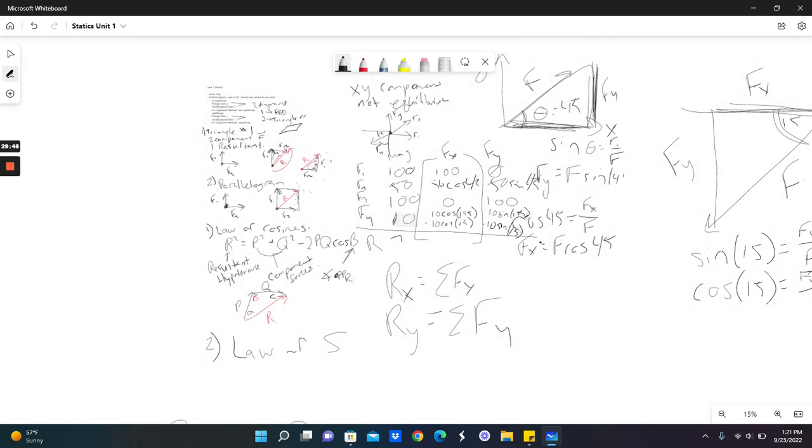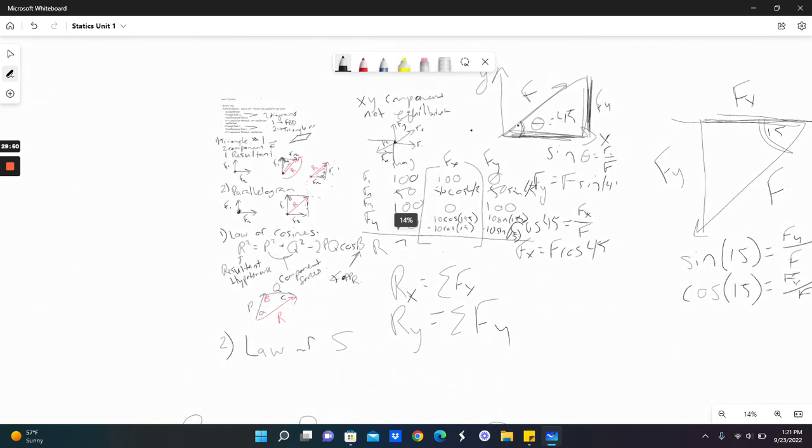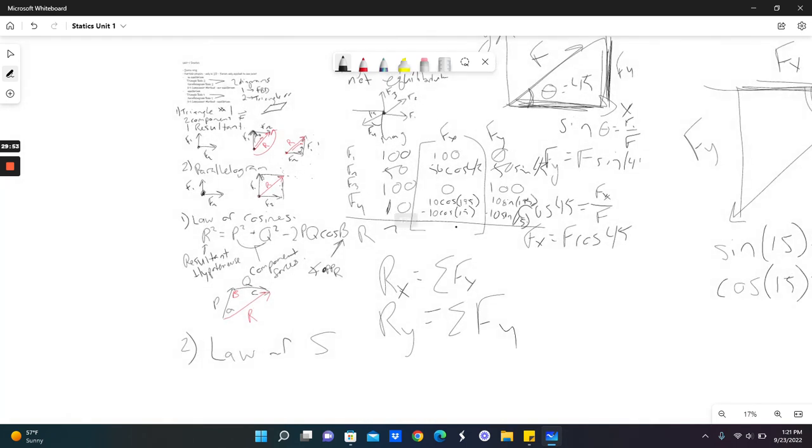So in this case, I don't have the math all done out, but you can do your arithmetic and add, and you'll end up getting, let's say these all added up to, we're going to have a positive x and a positive y in this case.